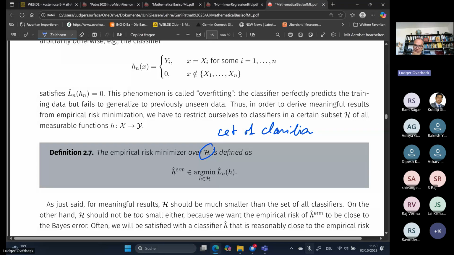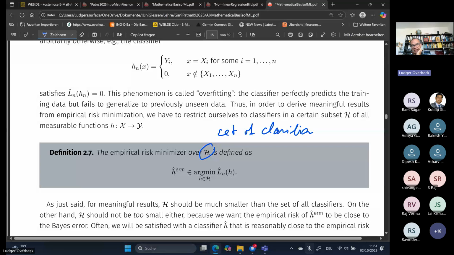And of course, as you know, the empirical error, the misclassification error, this function is not differentiable. So you actually on this one you cannot do gradient descent. That's why you usually do gradient descent on the L2 error, even if you are interested in the L1 error, put it like this.